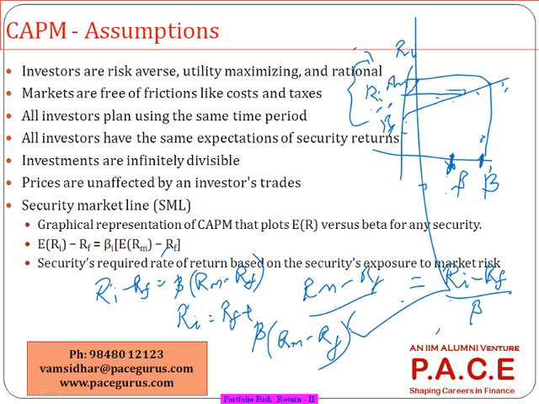CML being the most optimum out of all CAL. Risk on the x-axis, CML. The return of the market on the x-axis, characteristic line, and beta on the x-axis, it is called as security market line, SML.